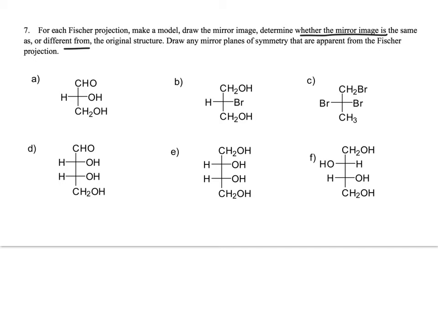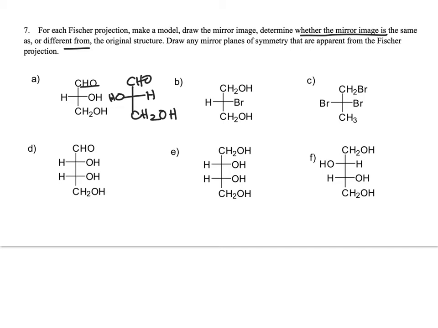So you're looking for asymmetric carbons here. So let's draw our mirror image. So we have an OH on this side and a hydrogen there. And you can see that these are different. There's not a plane of symmetry.